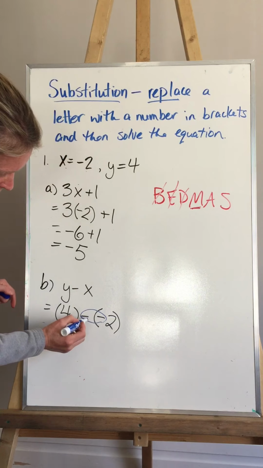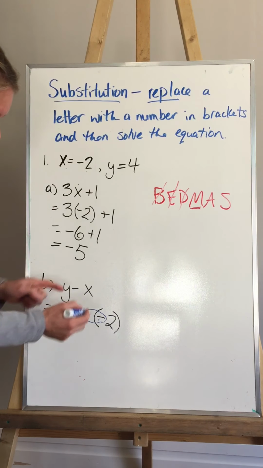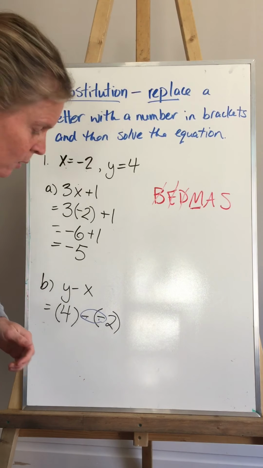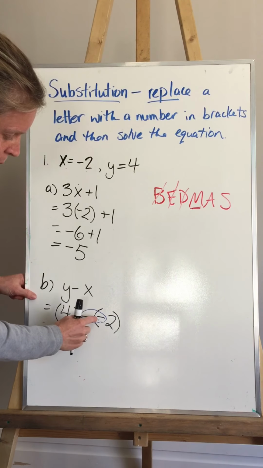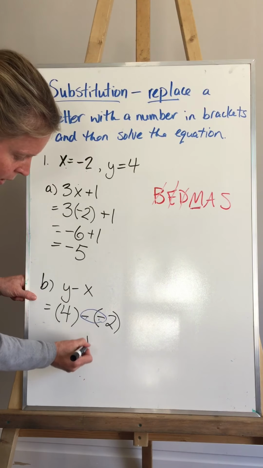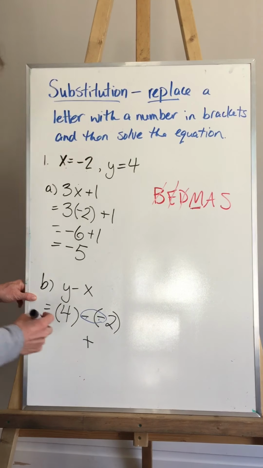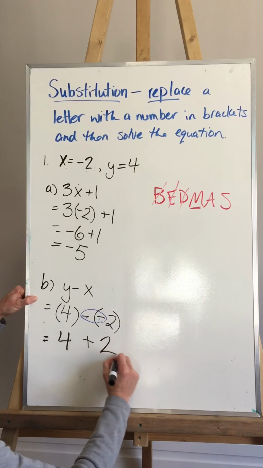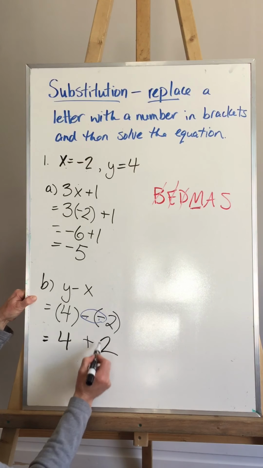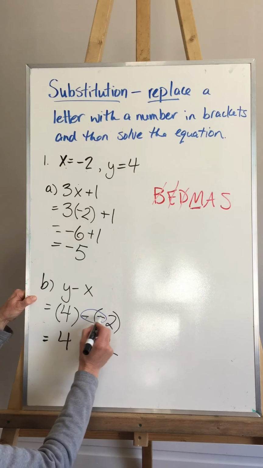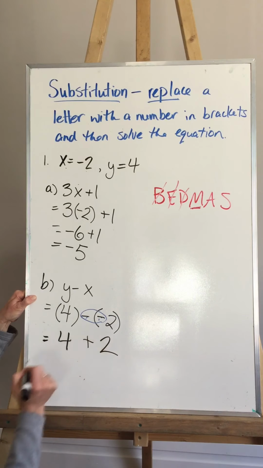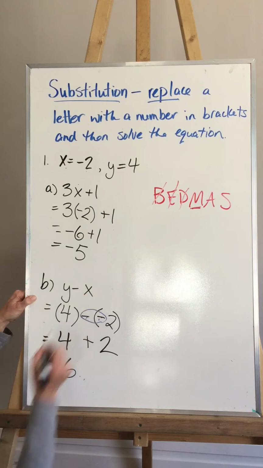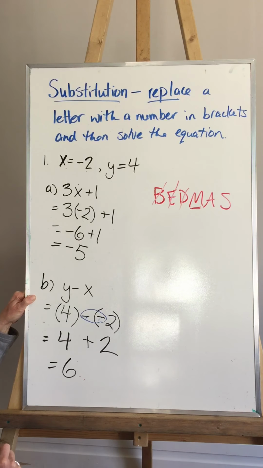Double signs is when you have 2 signs side by side, but there's no number or anything in between. So we know that 2 negative signs side by side are going to be replaced by 1 plus. Okay, so my next line is just going to be 4 plus 2. Be careful that you don't replace the double sign here with another double sign. Okay, so 4 plus 2 is 6. So my answer to this one is 6.